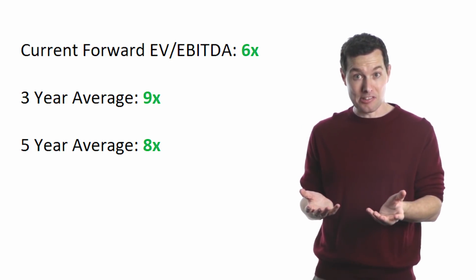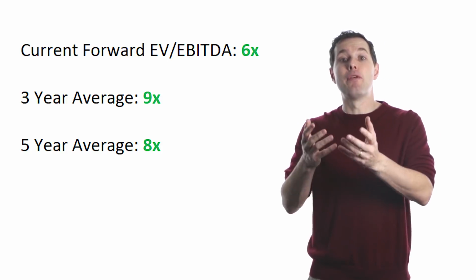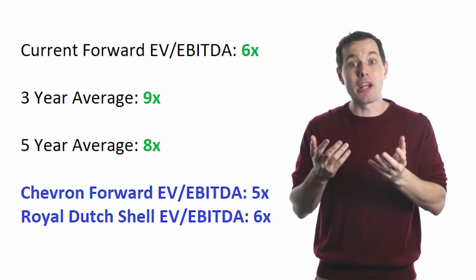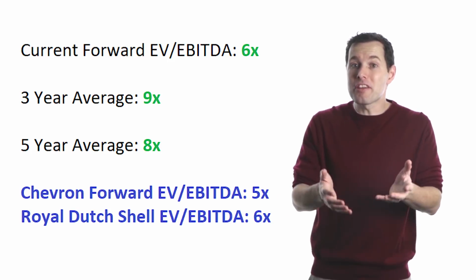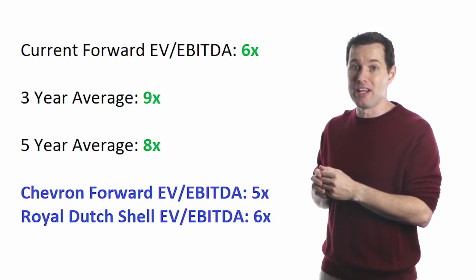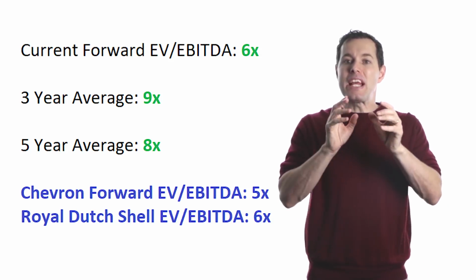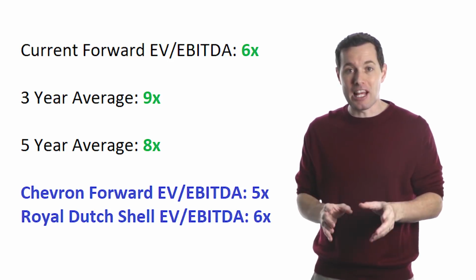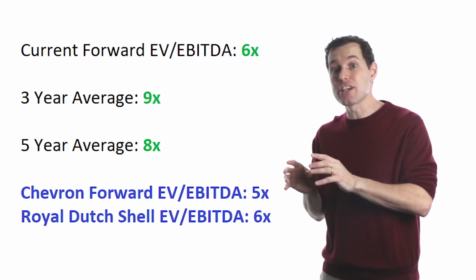How about their competitors? Well, Chevron is currently trading at a forward EV to EBITDA of about 5x, while Royal Dutch Shell is trading at about 6x. So according to their peers, it would seem that Exxon might be slightly overvalued. But you may remember in the Chevron video that Exxon's business is a bit more stable than both Chevron and Shell.